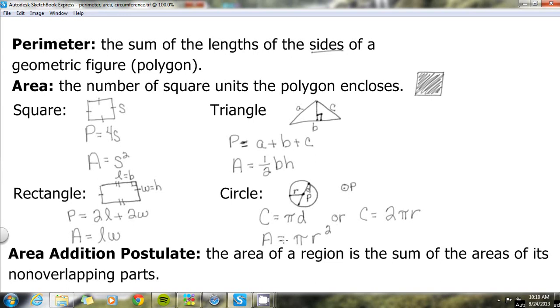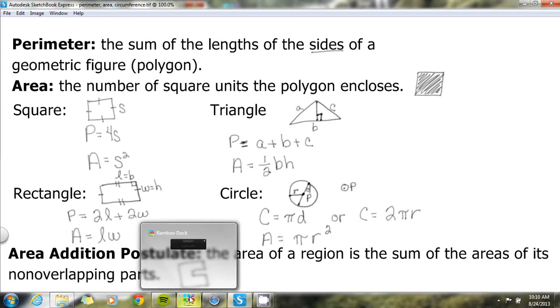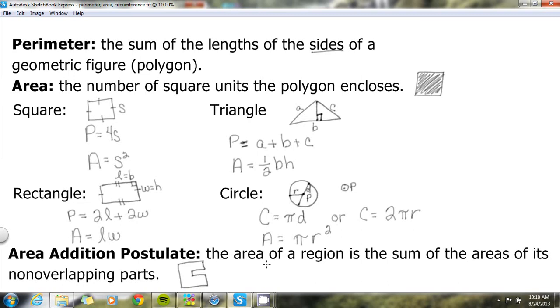Now, what we're actually talking about here is if we had a figure that was to look something like this, and I asked you to find the area of this figure, what we would do is use what we call auxiliary lines, helping lines.